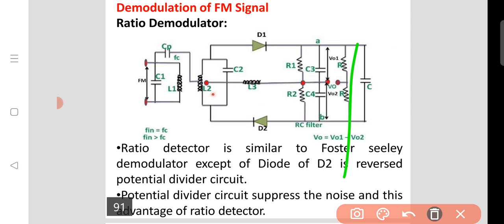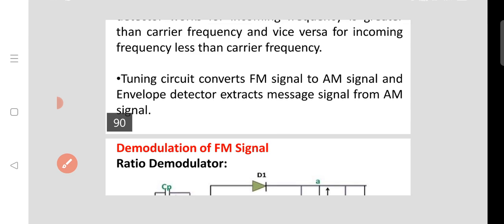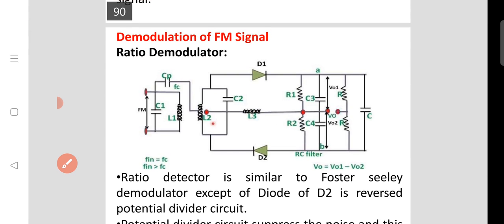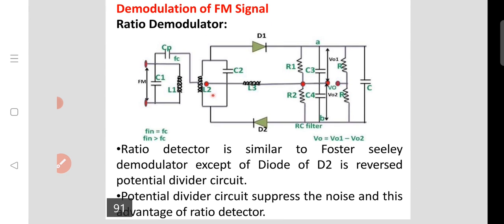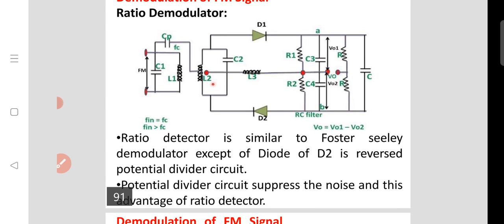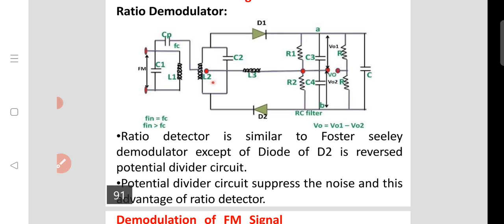but in that also we don't get better performance for effective noiseless detection. This ratio demodulator is employed here.